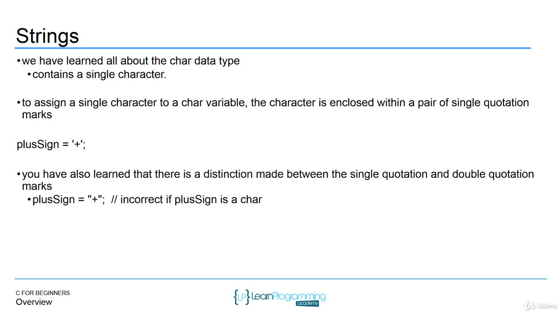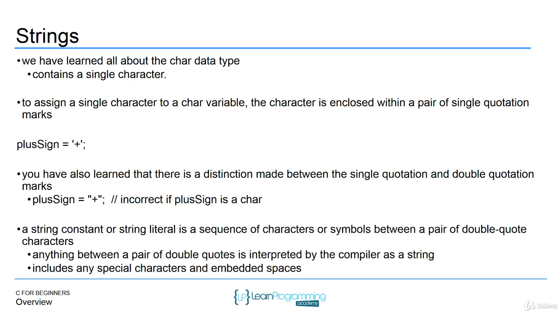You've also learned that there is a distinction made between single quotes and double quotes. So if you have a plus sign variable and you assign it something in double quotes, and plus sign is of type char, that's not going to work because you can only assign single characters to the char data type. A string constant or a string literal is a sequence of characters or symbols between a pair of double quotes.